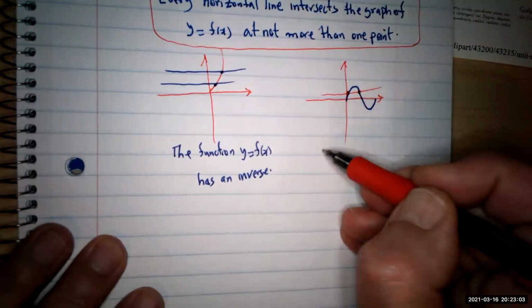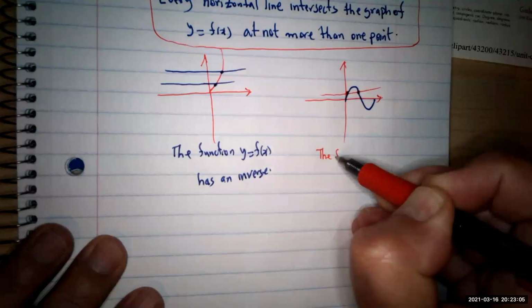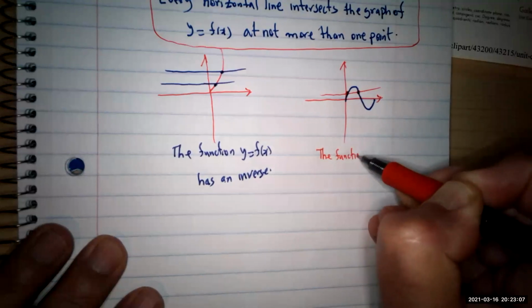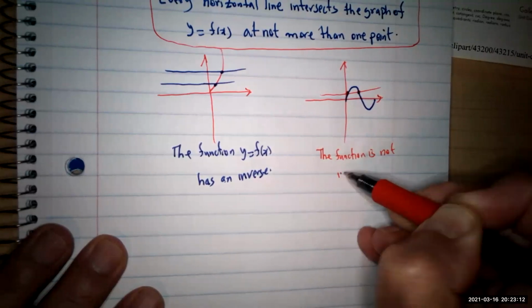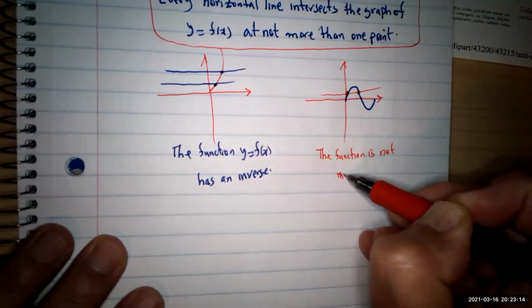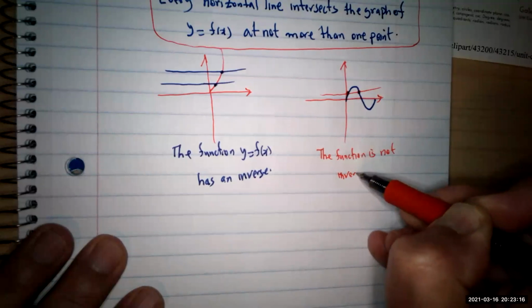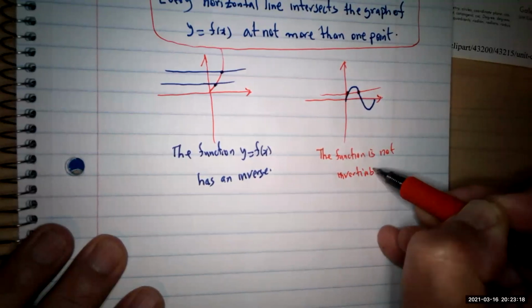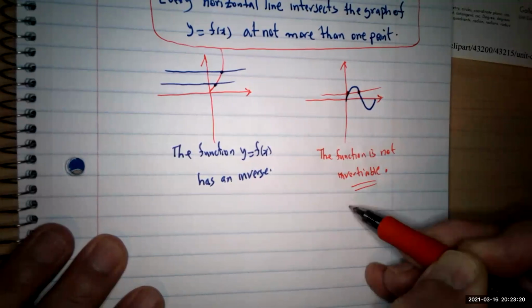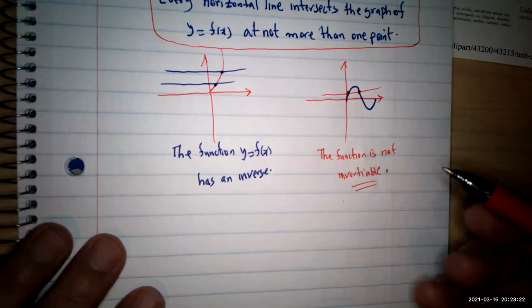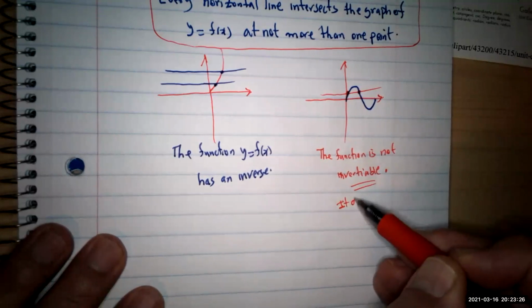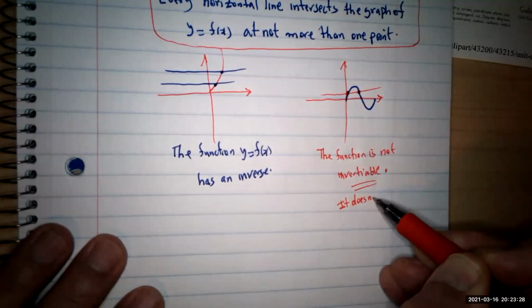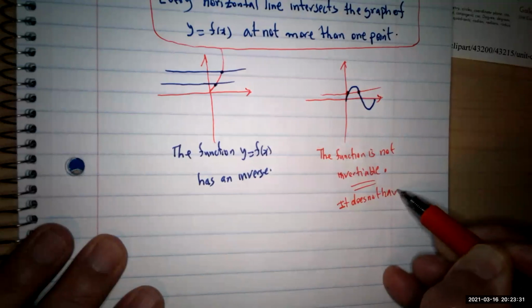So this function is not invertible. There isn't any inverse. Invertible means it has an inverse, and not invertible means it doesn't have any.